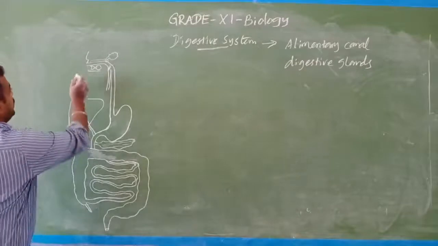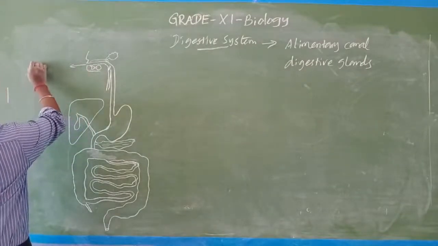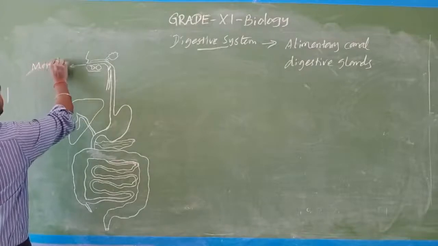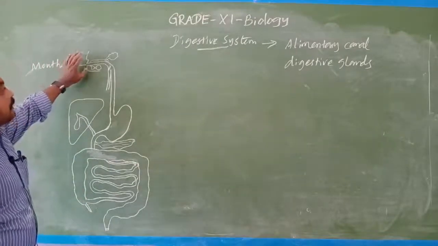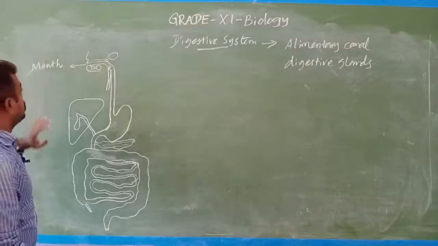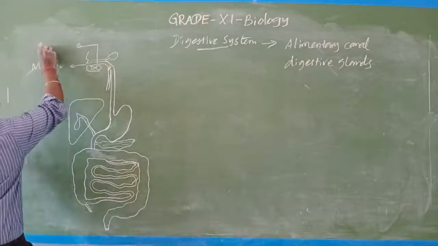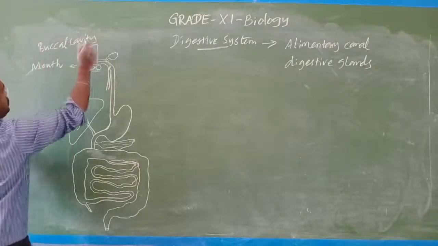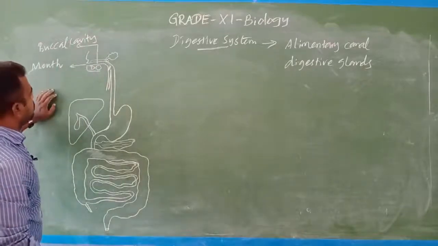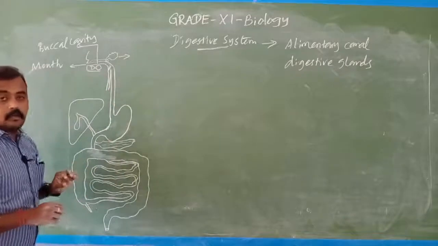Okay, here it starts with the mouth, the anterior opening of the digestive system. Then there we have the buccal cavity. The next one, here we have three salivary glands.